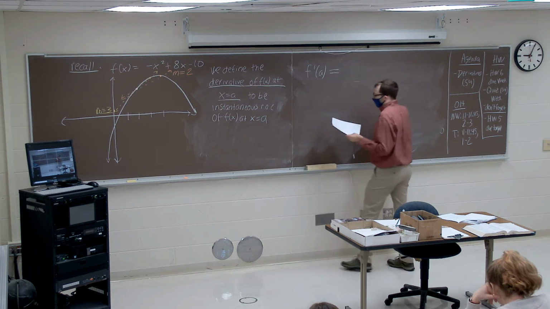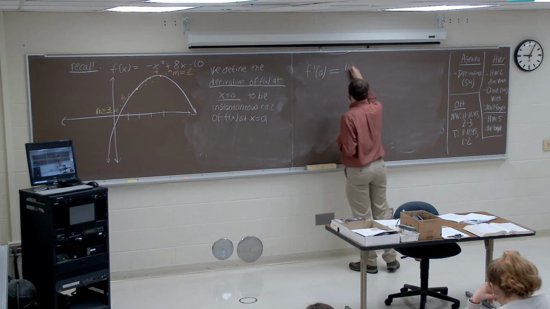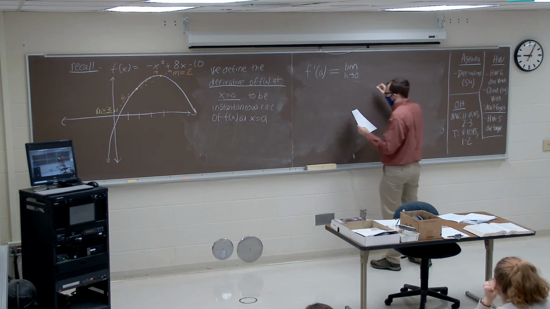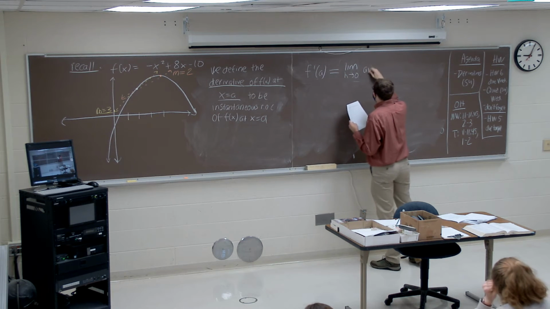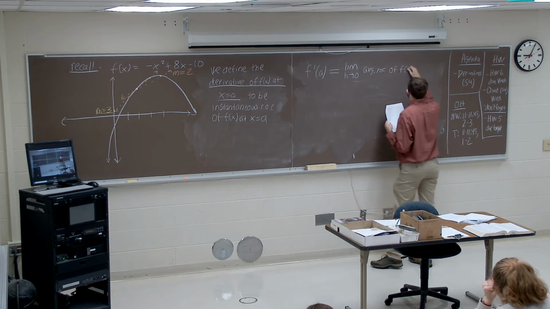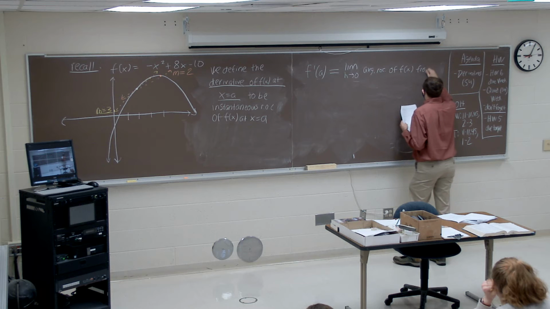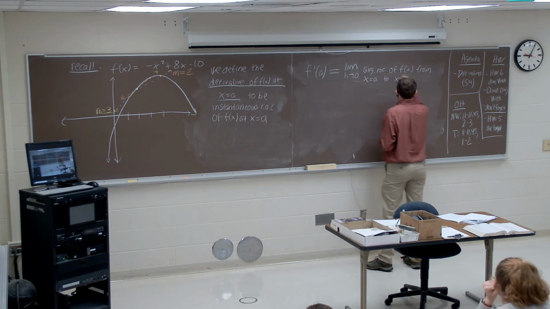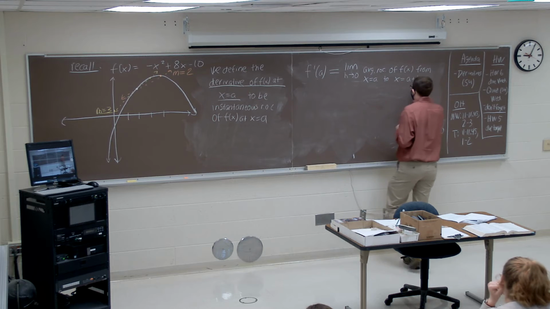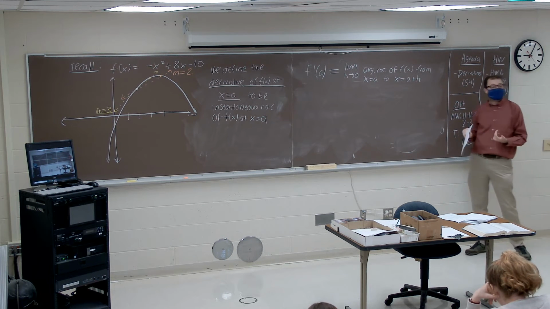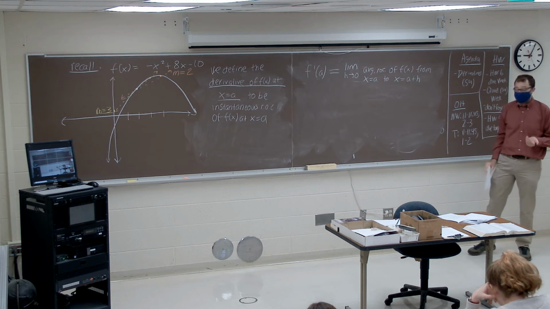And the way we're going to calculate this is to be a limit as h goes to 0 of the average rate of change of f of x from x equals a to x equals a plus h. And that's going to be our instantaneous rate of change formula.